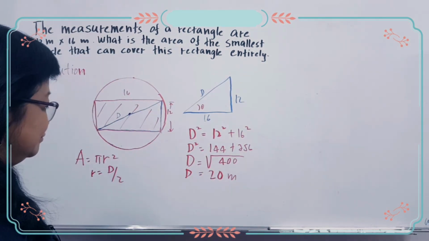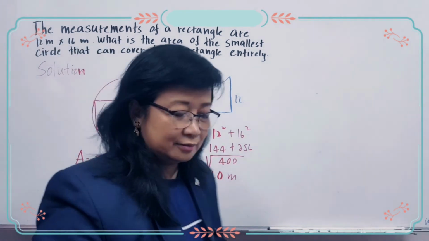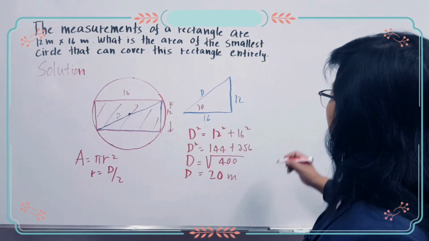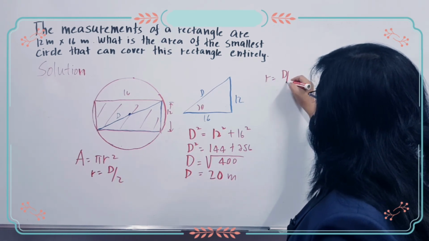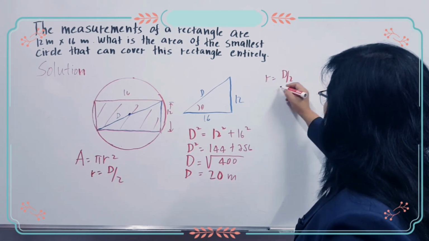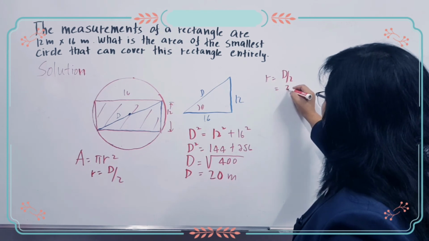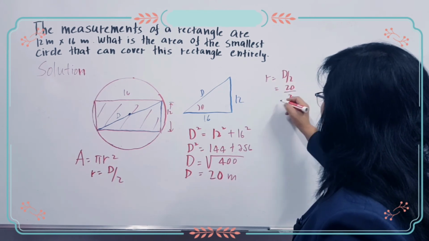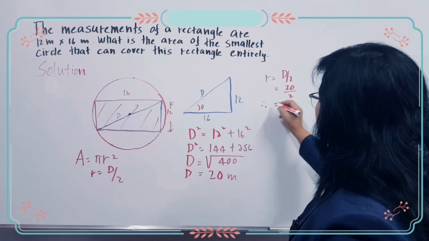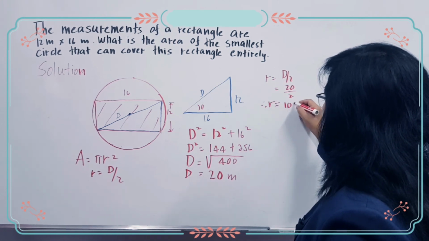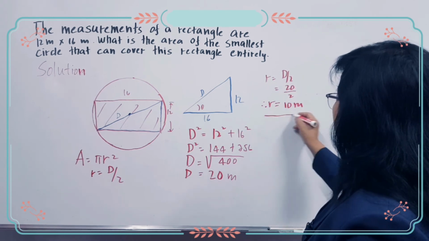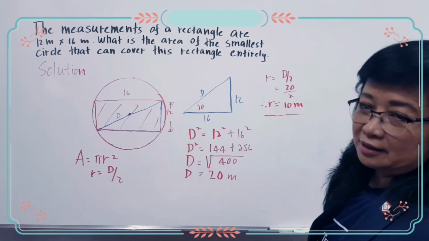Now, here, we can already solve the R. R, therefore, is equal to D over 2, which is 20 divided by 2. R, the radius, therefore, is equal to 10 meters. Now, we have already the radius.